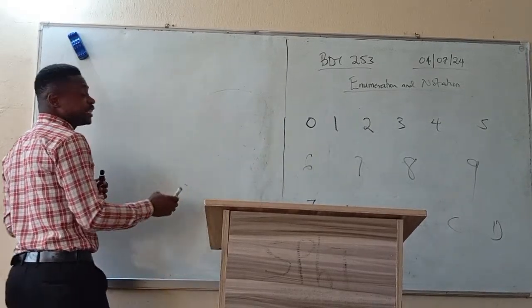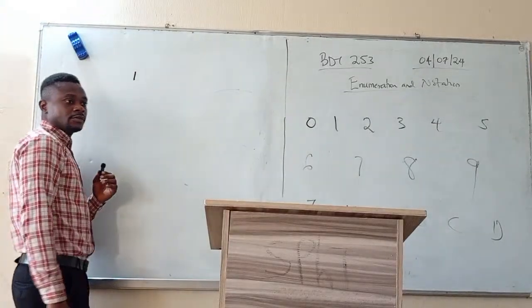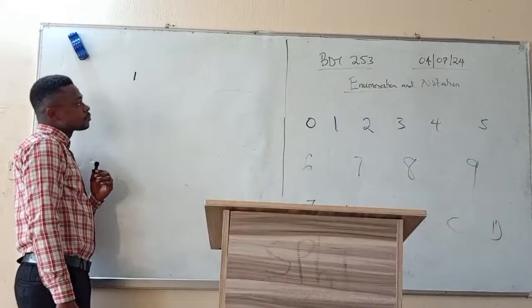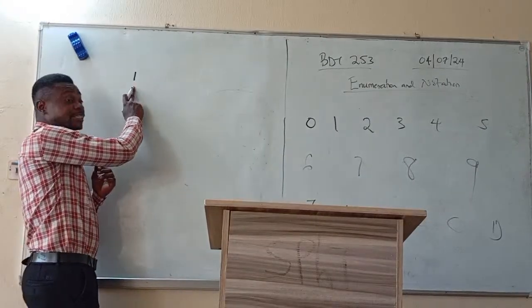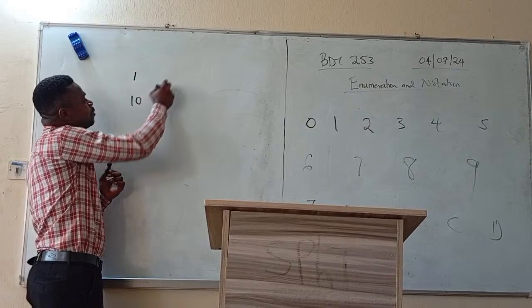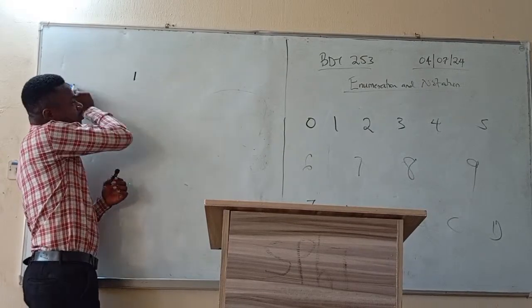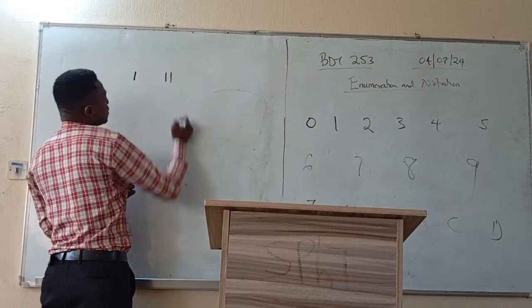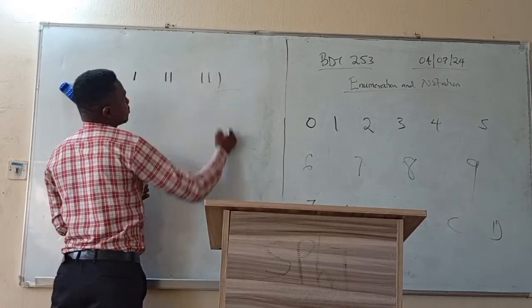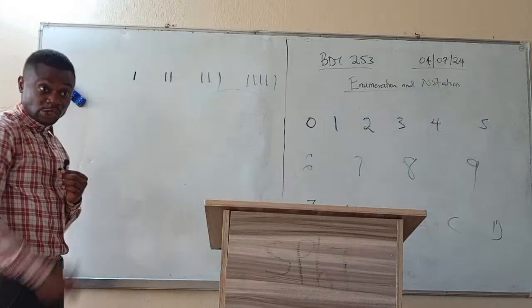Look at this one here. There is 1, right? But look at it when it appears in 10. Let me use 1 alone: 1 1 1 1 1 1 1 1 1 1. It's still 1, right?